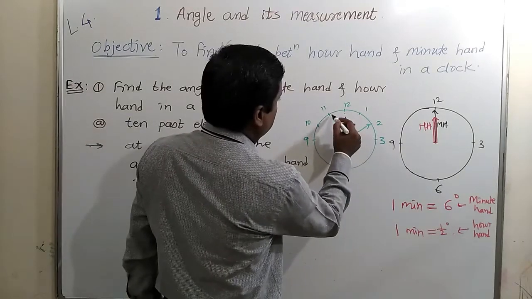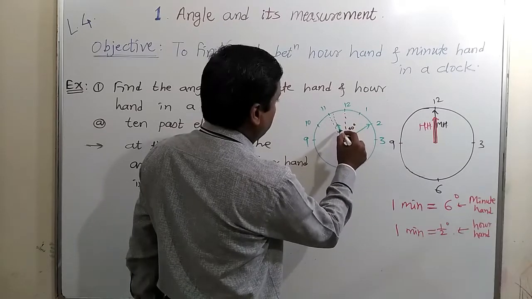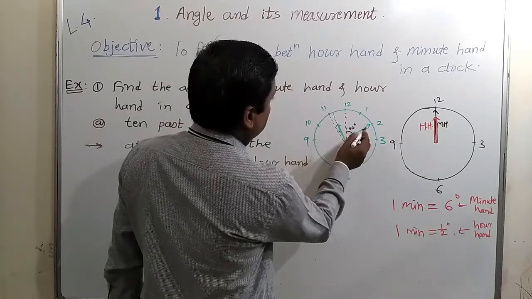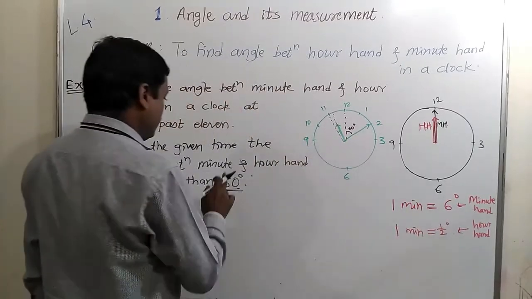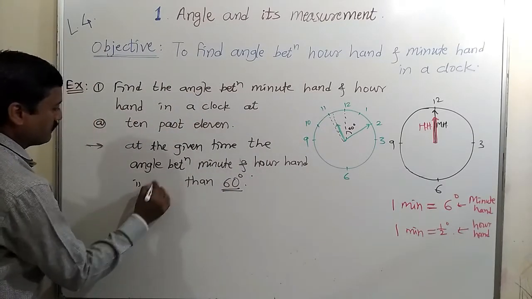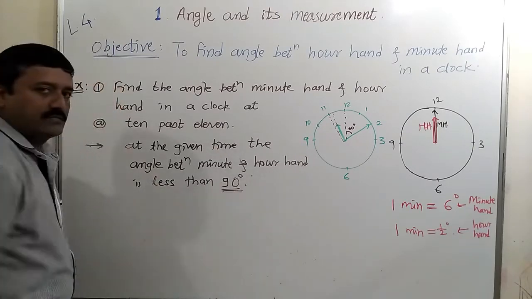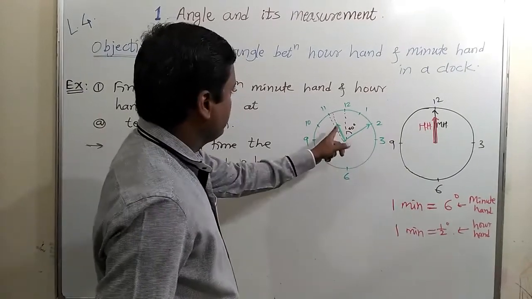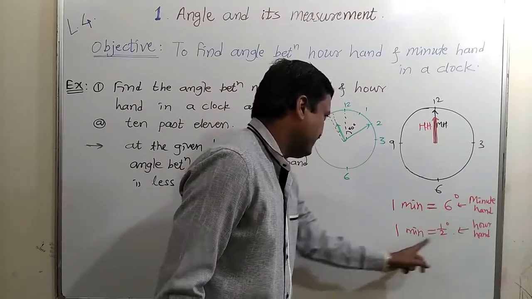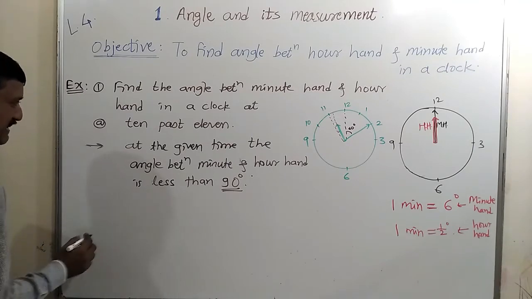So instead of more than, we can use less than 90 degree. It is less by these 10 minutes. The hour hand covers half degree in 1 minute, so it rotates through 1 degree, less than 90.